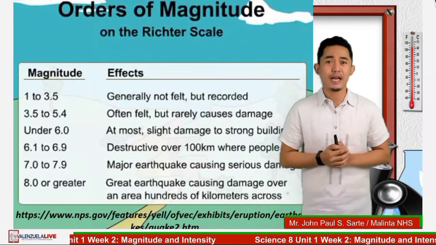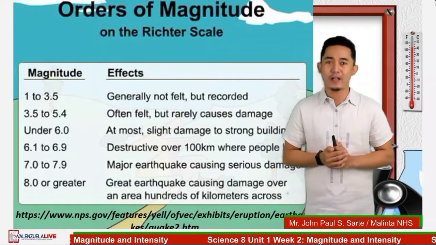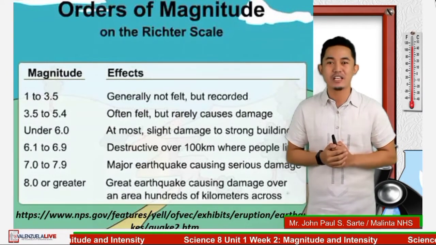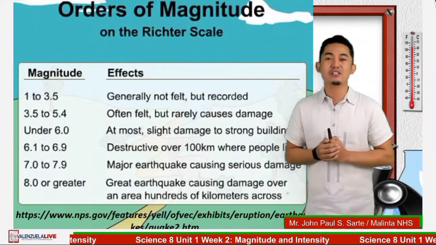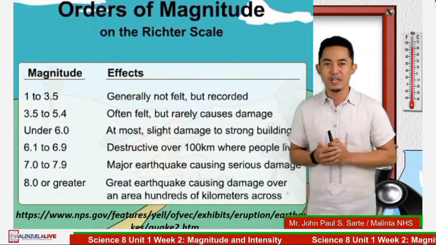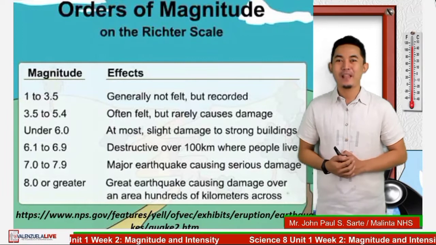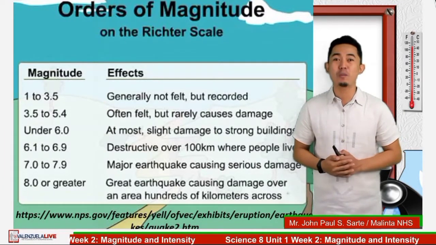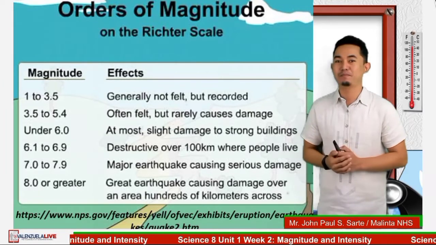Magnitude 3.5 to 5.4 has the effect of often felt but rarely causes damage. Magnitude under 6 causes slight damage to strong buildings. Magnitude 6.1 to 6.9 is destructive over 100 km where people live.